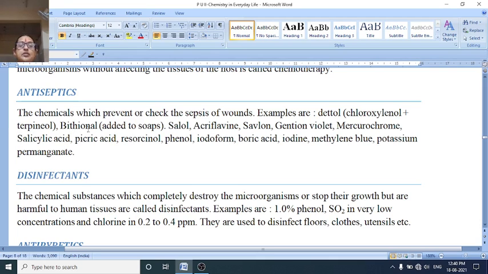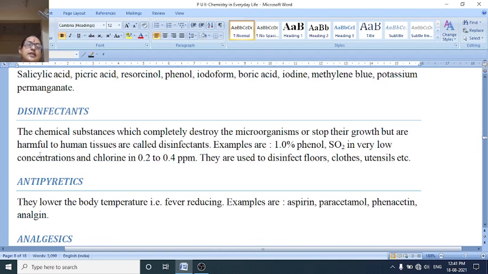Then bithionol added to the soap, then cetrimide, then acriflavine, then Savlon, gentian violet, then mercurochrome, then salicylic acid, picric acid, resorcinol, phenol, iodoform, boric acid, iodine, methylene blue, potassium permanganate. These are all the examples of antiseptics. Next, let us move on to the disinfectants. Disinfectants are the liquid we use to clean the floor and all.